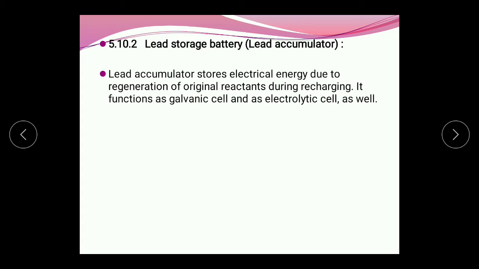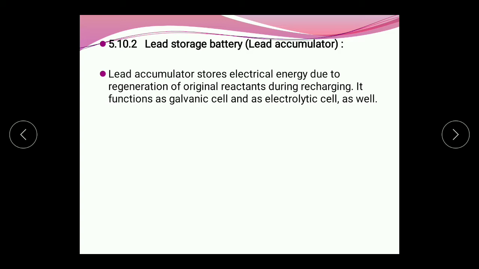And when the discharging is completed, we can understand that easily. How? I'm going to tell you. When discharging is over, we have to recharge it by applying a potential slightly greater than the potential obtained from that battery. And while recharging, that battery acts as an electrolytic cell, the cell in which electrical energy is used to carry out a chemical reaction.